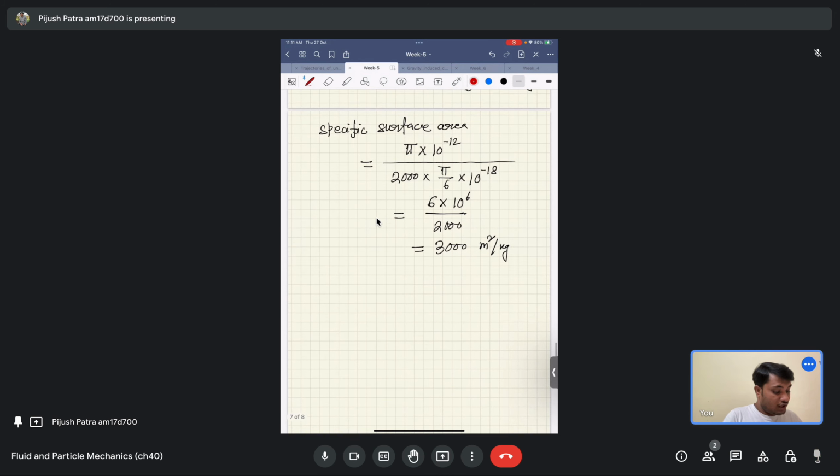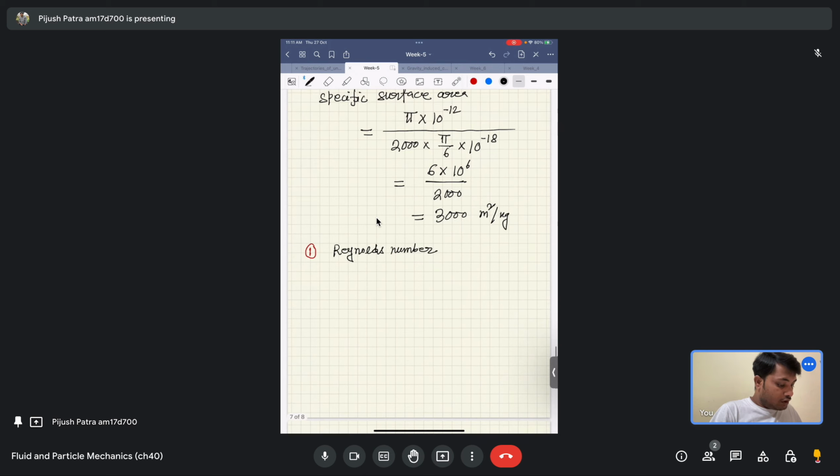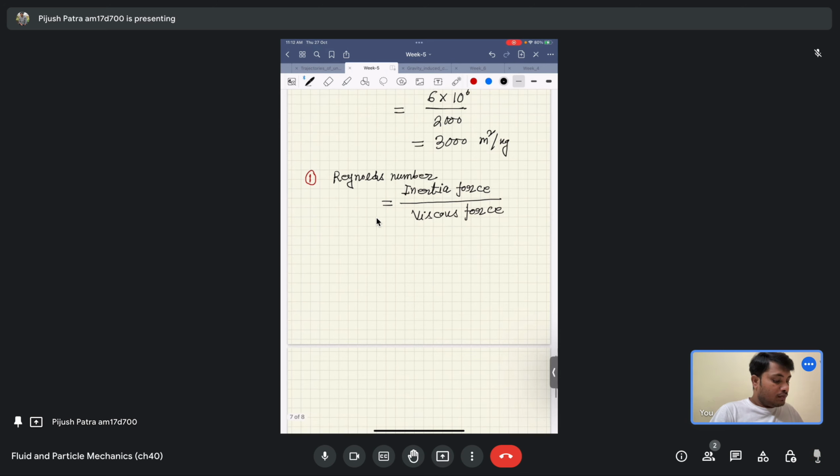So let's say for case 1, you have the Reynolds number, which is equal to inertia force by viscous force.